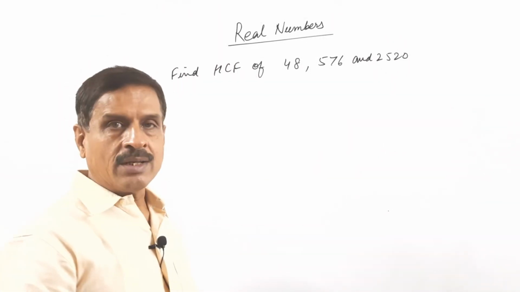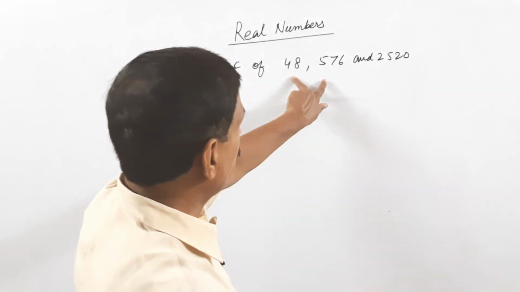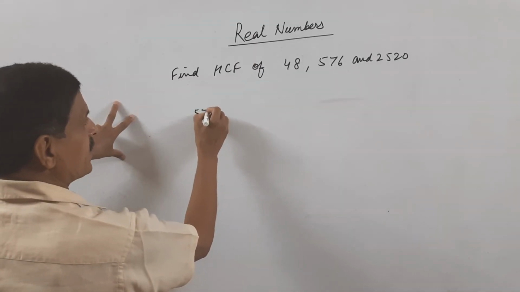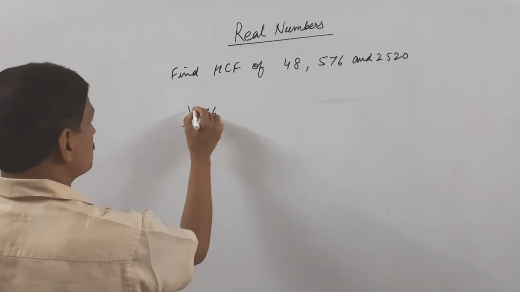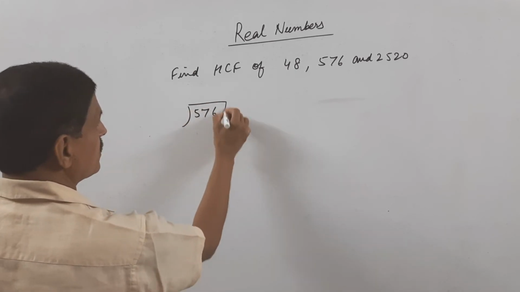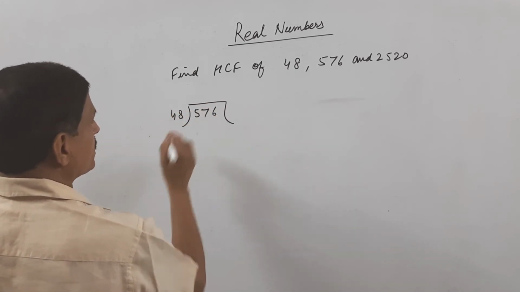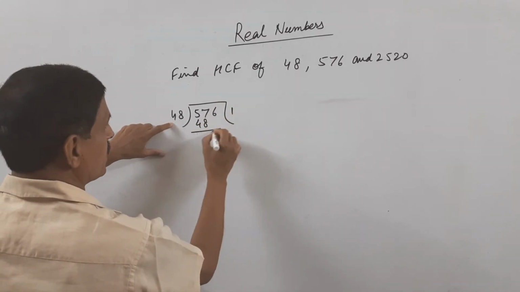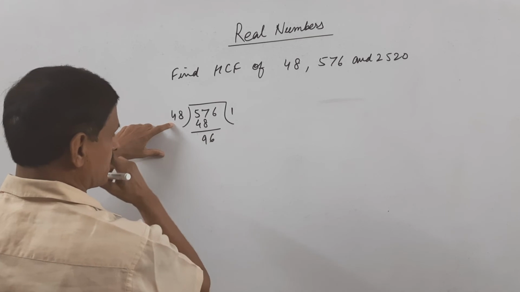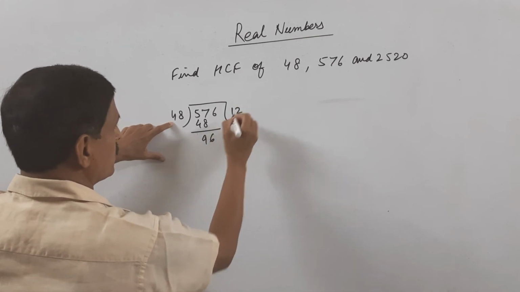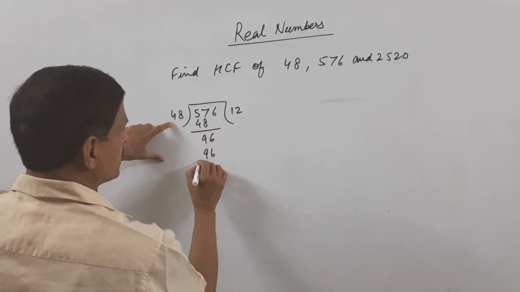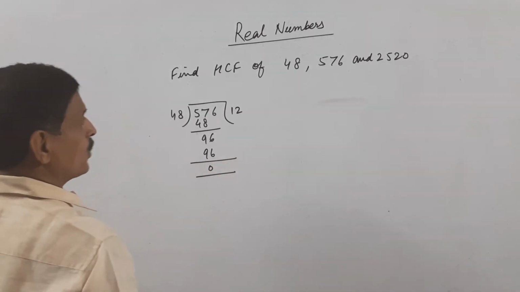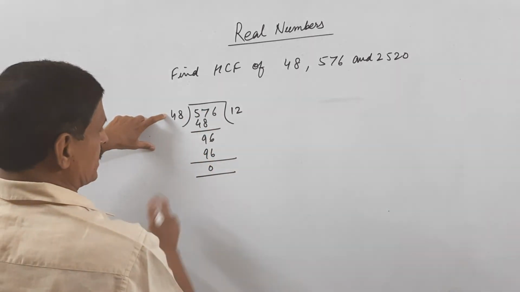We first find the HCF of 48 and 576. So 576 is taken as dividend and 48 as divisor. One time this is 48, 96. 48 2 times 96. So HCF of 48 and 576 is 48.